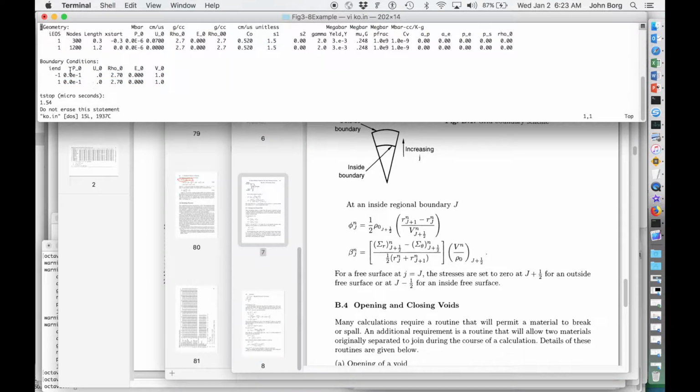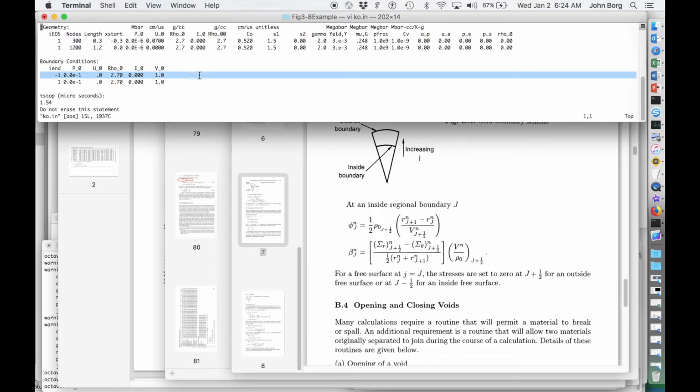Some of the boundary conditions require that you specify the pressure, the velocity, the density, the energy, and the volume at the interface. So that's why these other variables exist. If you're just using 1 or -1, then you don't really need any other parameters here.